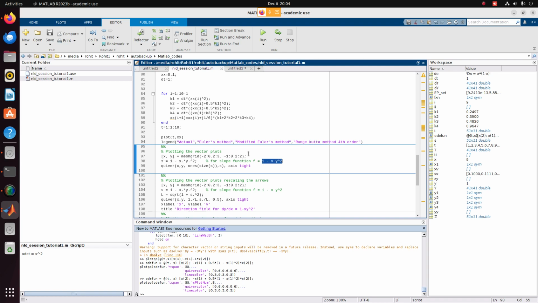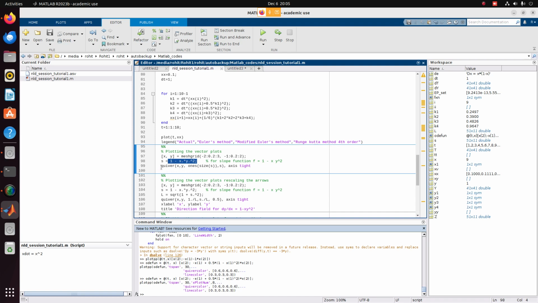Slope is nothing but dx by dt, or here, since you are having x and y, dy by dx is the slope. So slope is nothing but f of x, that is 1 minus xy square. Since you are having arrays, you should put a dot in MATLAB so that you multiply each element with the corresponding element and then square it. So this is the slope value you are getting.